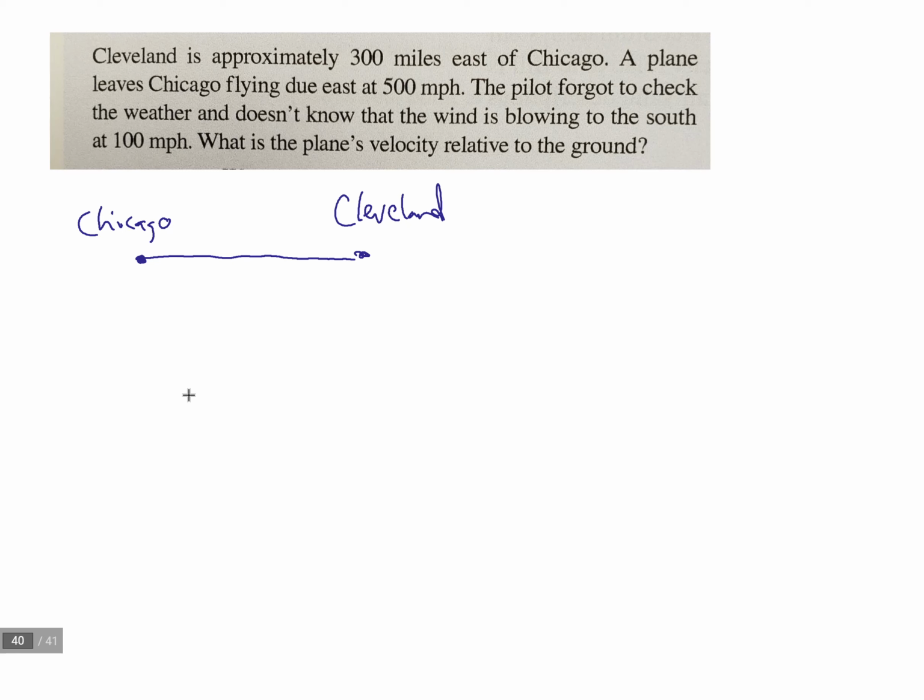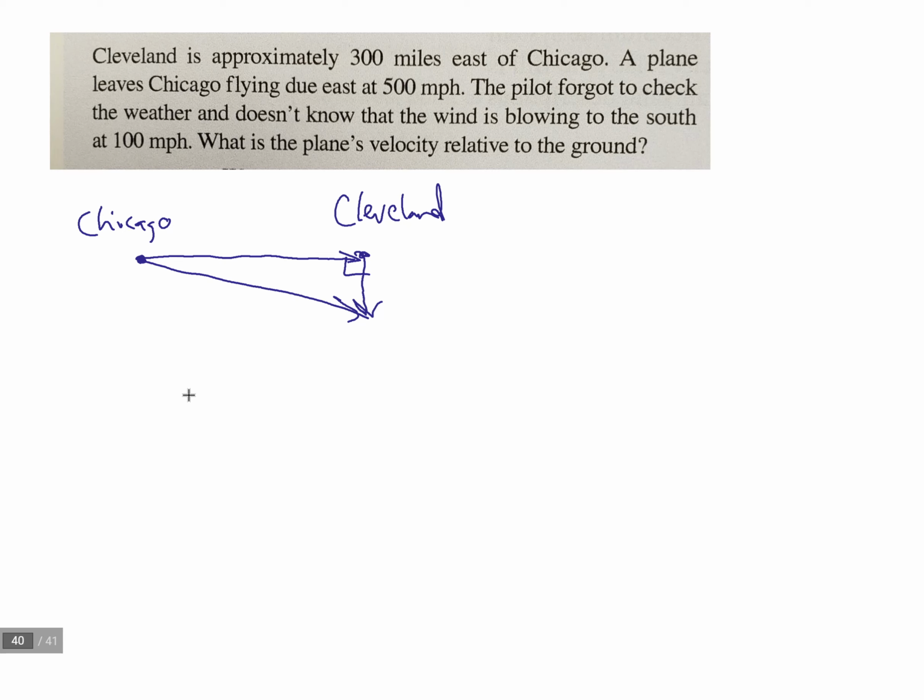But there is a wind blowing to the south at 100 miles per hour. So the wind is blowing us this way, and the resulting direction of the plane is going to be like that. So we've just created a nice right triangle sitting here. Okay? What's the plane's velocity relative to the ground?